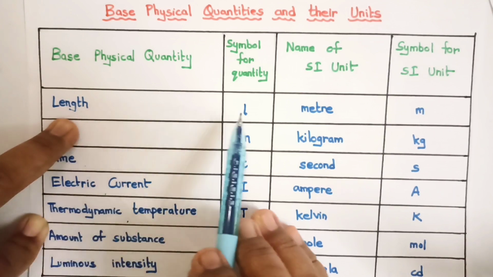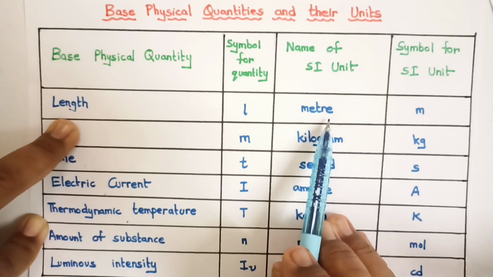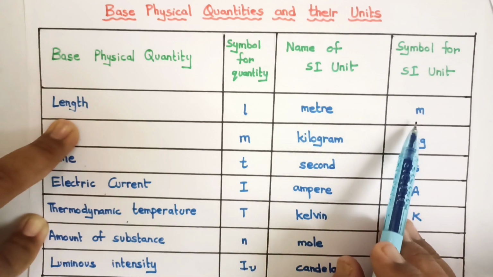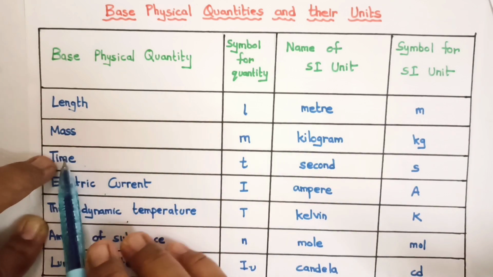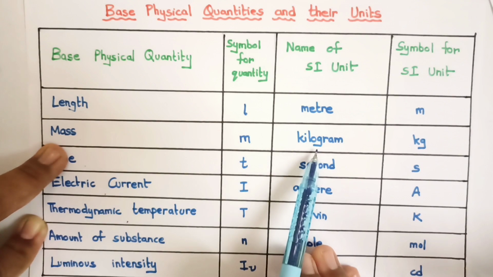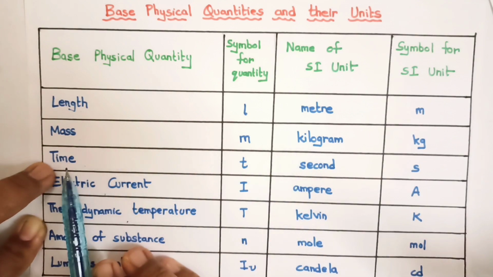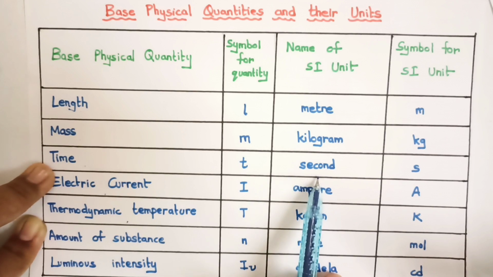The symbol for length is L. Its SI unit is meter and the symbol for meter is m. Like that you have to remember. Next, the symbol of mass is small m and its SI unit is kilogram. The symbol for time is small t and its SI unit is second.